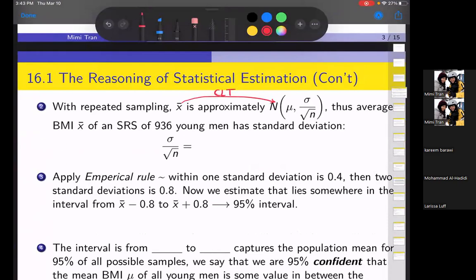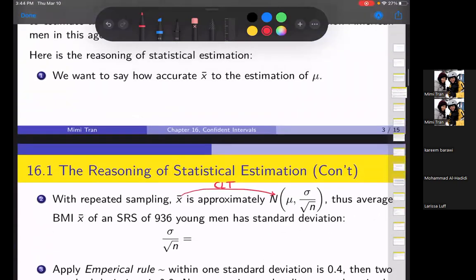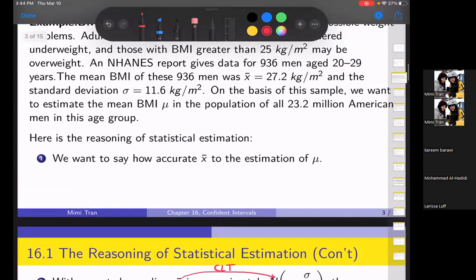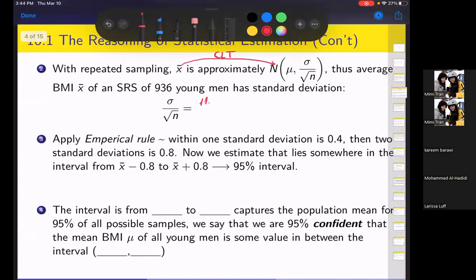Can you calculate sigma? Can you calculate the standard deviation? Sigma is 11.6, right? And the square root of n, n is 936.